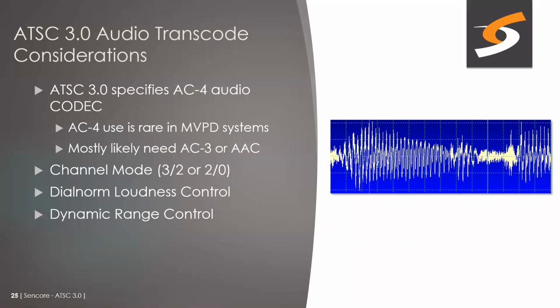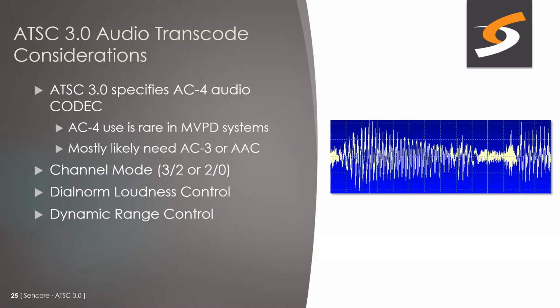And as those transcodes happen, the transcoder and the parties here will have to pay attention to channel mode. Like I said, AC4 supports up to 12 channels of audio. How do those get mapped into AC3, 5-channel or 2-channel? Any kind of transcoder is going to have to pay attention to that.